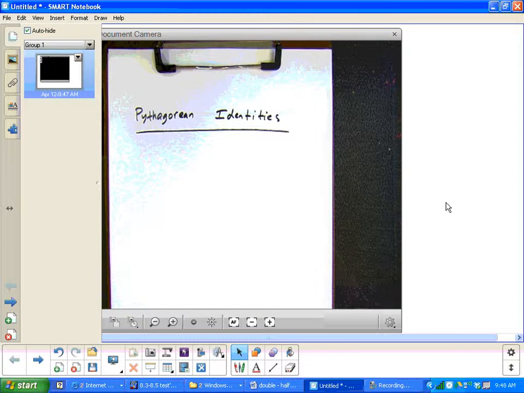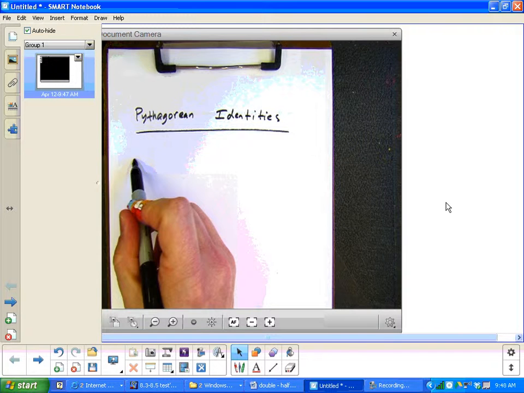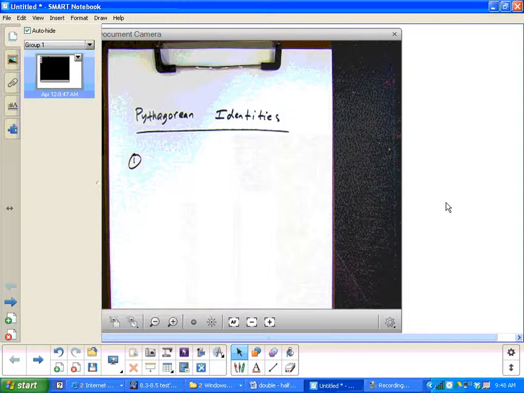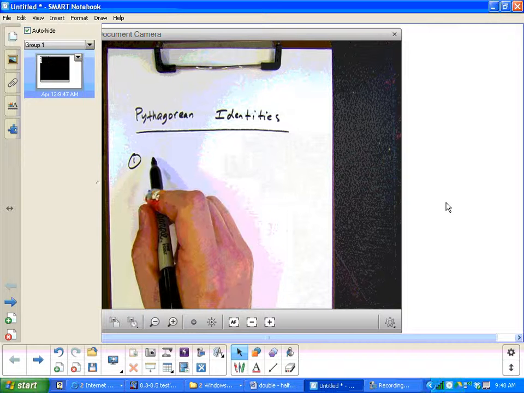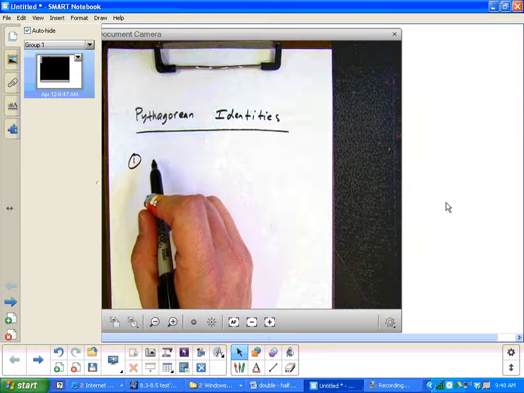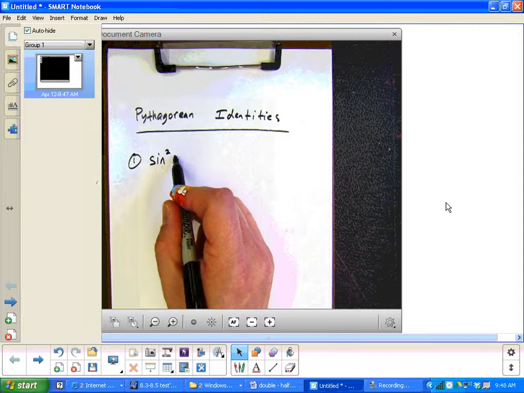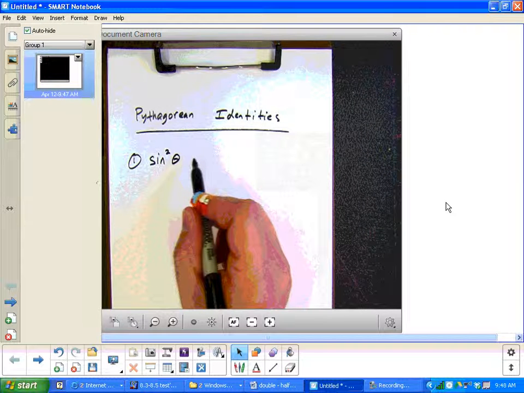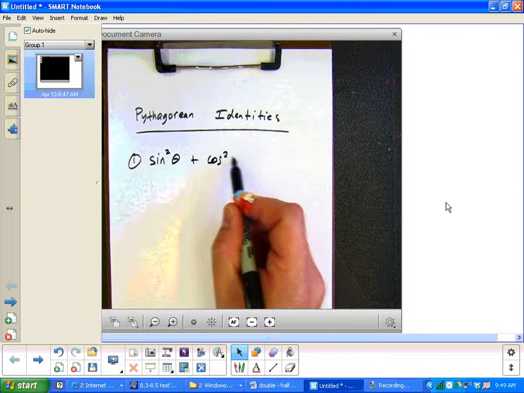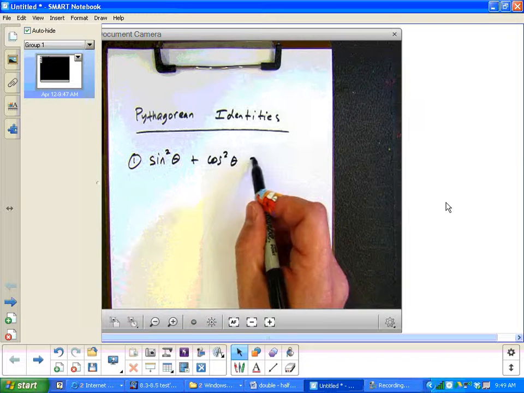Now, your Pythagorean identities come from what it sounds like. They come from the Pythagorean theorem, okay? Now, the first one is the only one that I actually have memorized. The other two, I'm going to show you how to derive. The first one, the most common one, is sine squared theta plus cosine squared theta equals 1.